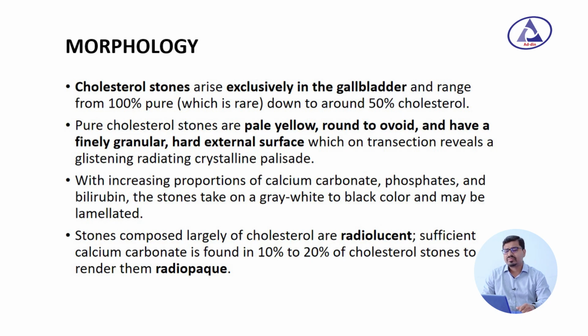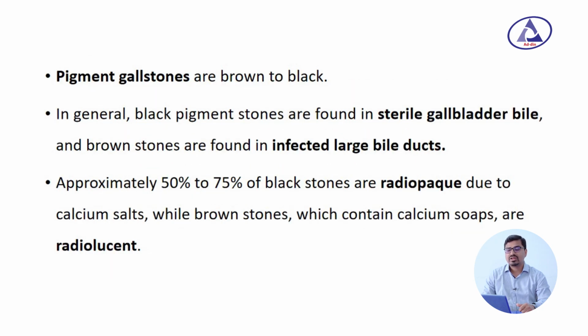With increasing proportions of calcium carbonate, phosphates and bilirubin, the stones take on a grey white to black color and may be lamellated. Stones composed largely of cholesterol are radiolucent. Sufficient calcium carbonate is found in 10% to 20% of cholesterol stones to render them radio-opaque. Pigment gallstones are brown to black.